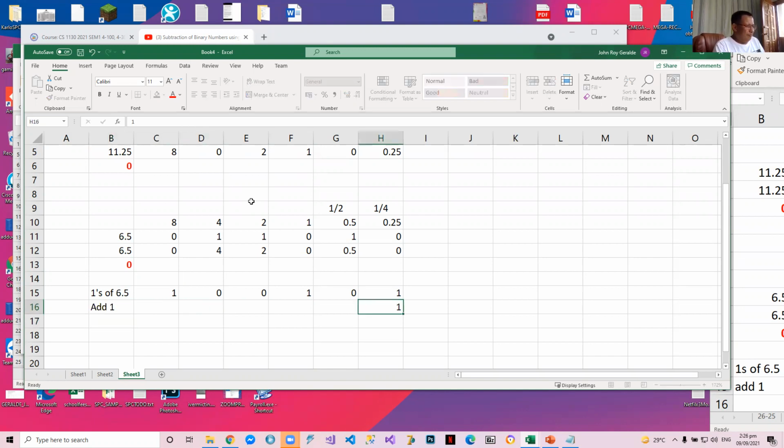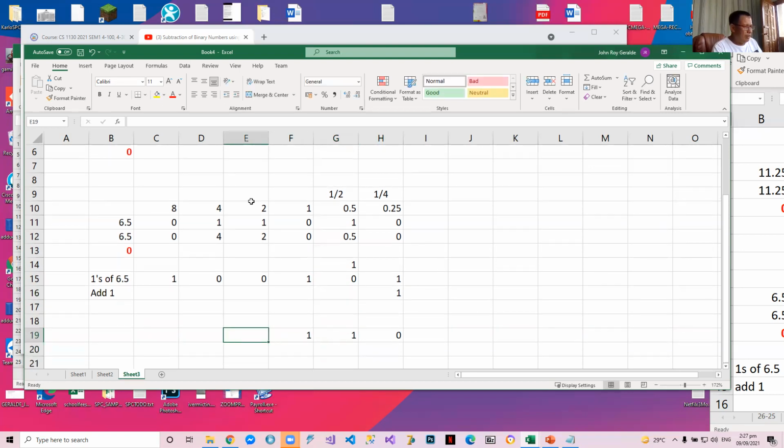So here, 1 plus 1, let's put here 0, 1. So this will be a 1. This is a 1. This is a 0, 0. Okay, you follow? This is the 2's complement of 6.5. Now the quick conversion to decimal will not work here because it's fractional.